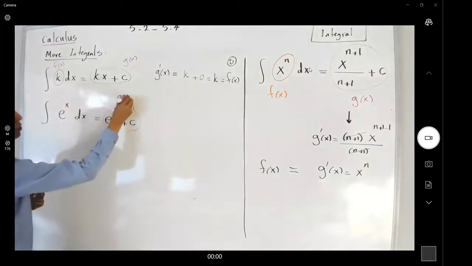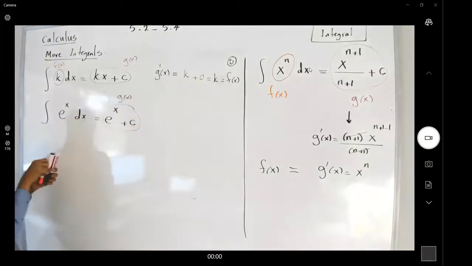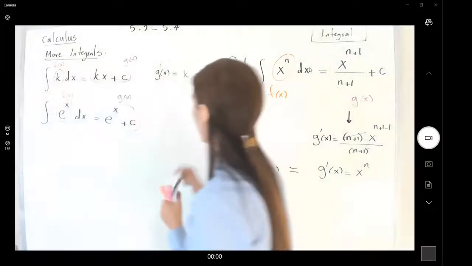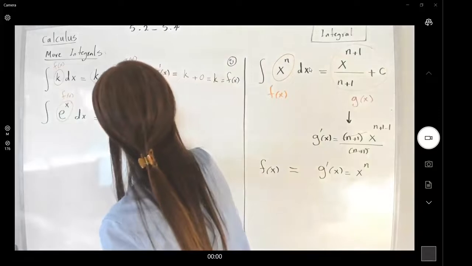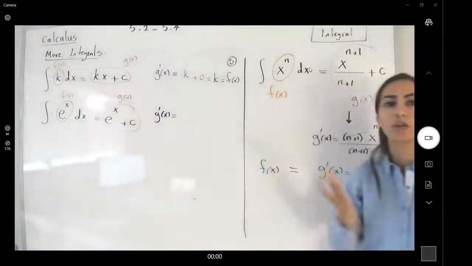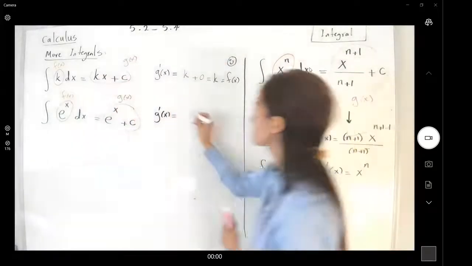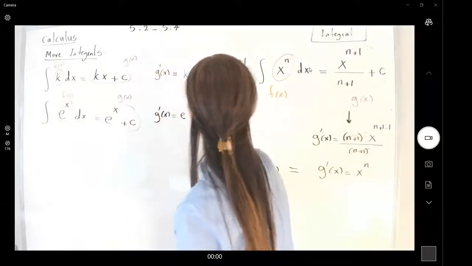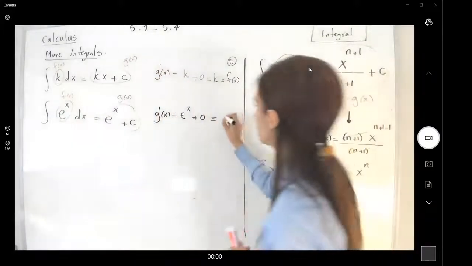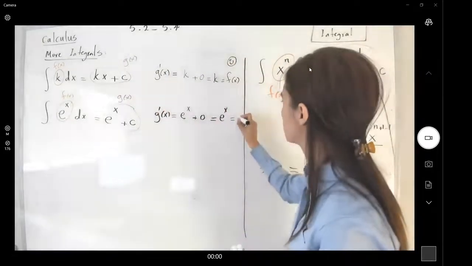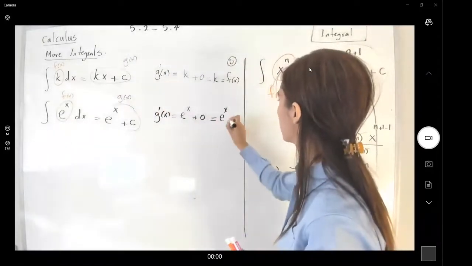Here you have your g of x, and here you have your e to the x, the exponential function. So g prime of x, the derivative of e to the x, you all know that is e to the x, plus the derivative of the constant 0, which is equal to, of course, e to the x, and e to the x is our function f of x.